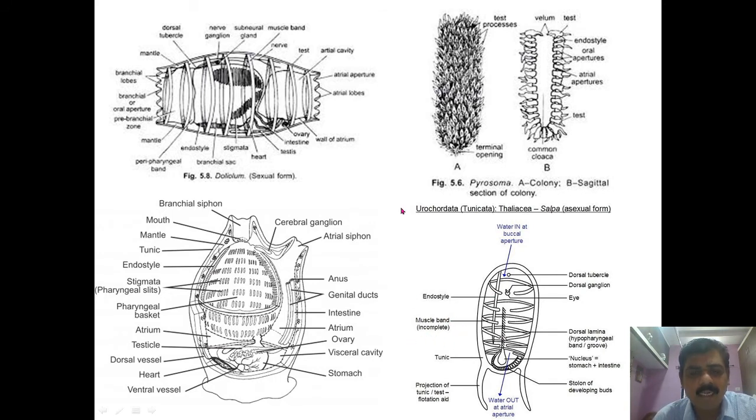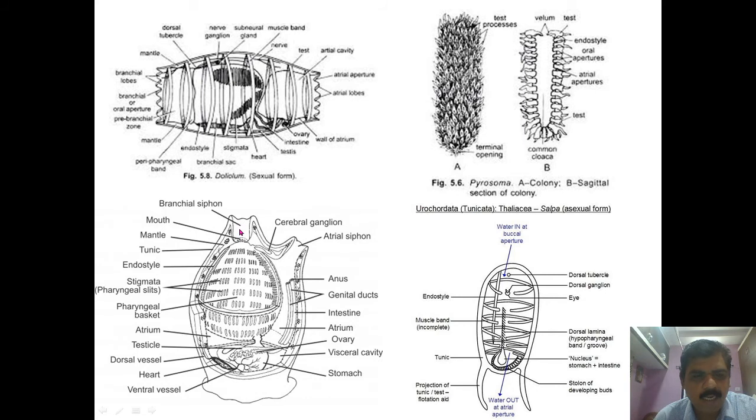So the first one, among the Thaliacea, is Doliolida, or it is called Cyclomyaria. Another one is called Hemimyaria, and the third one is Pyrosomida. And this Pyrosomida includes a colony of Pyrosoma.